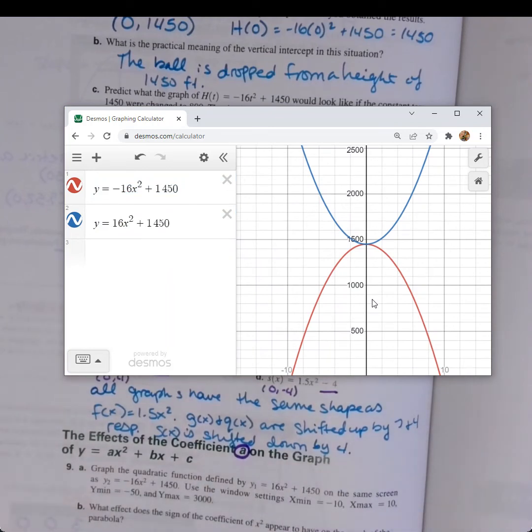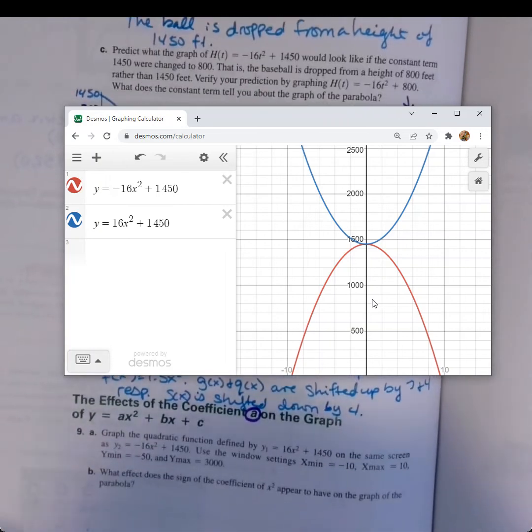Okay. So what effect does the sign, positive or negative, of the coefficient of x squared appear to have in the graph of the parabola? The shapes are the same, but they are reflections of each other. One faces up, one faces down, so it controls the direction.